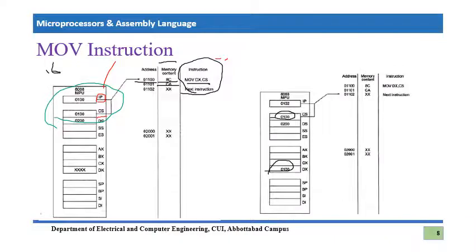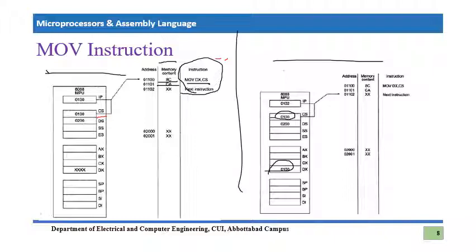Just let me tell you that these two diagrams are the same thing: the left side is before the execution of the instruction, and the right is after the execution of the instruction. What instruction? MOV DX, CS. Whatever the value of CS, 0100, it has shifted into DX, and that has happened here.